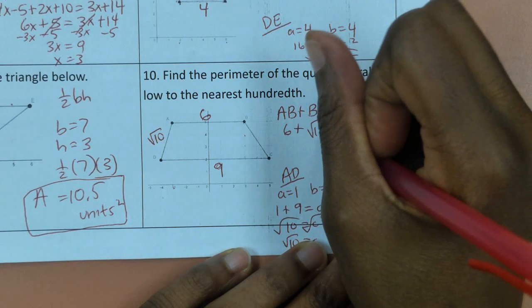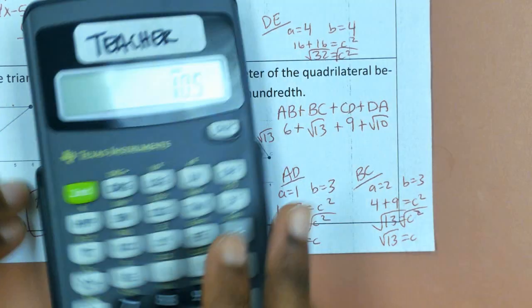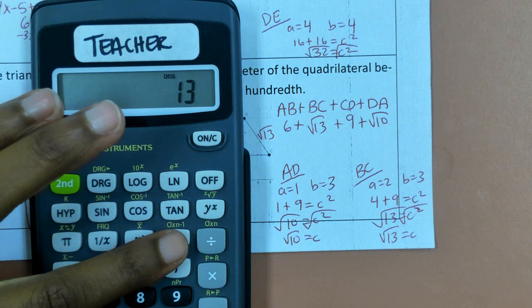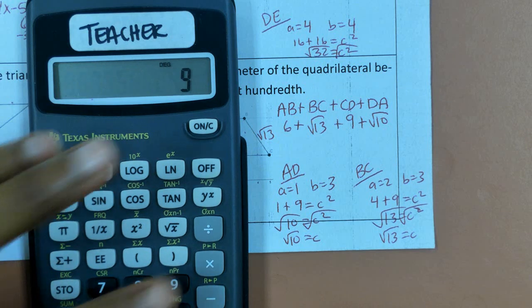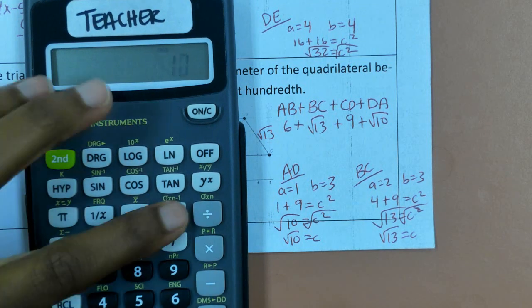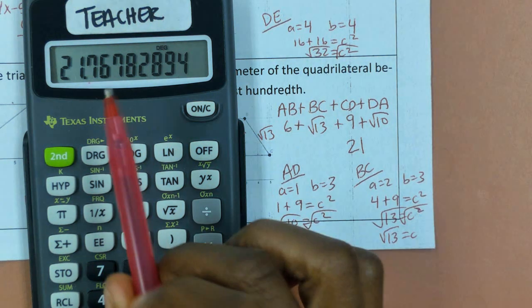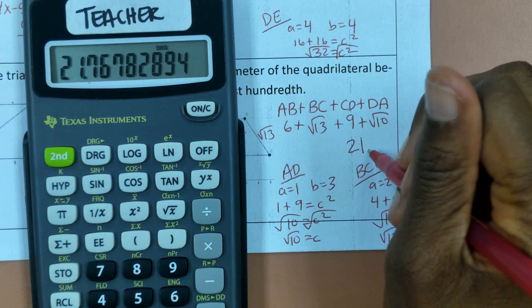So the square root of 13 is this side. Okay, so perimeter, we want to add all this together. So we're going to do 6 plus the square root of 13, plus, we don't even clear anything out, 9 plus the square root of 10 equals 21 point, we want to the hundredth. The thousandth is 5 or higher, so we round this to a 7.